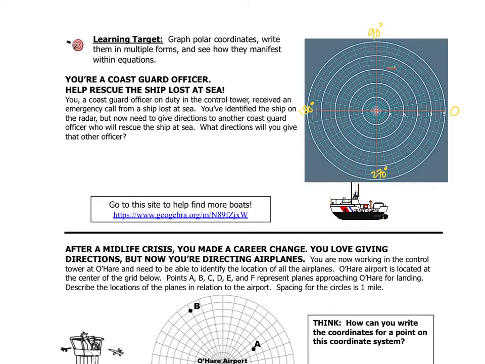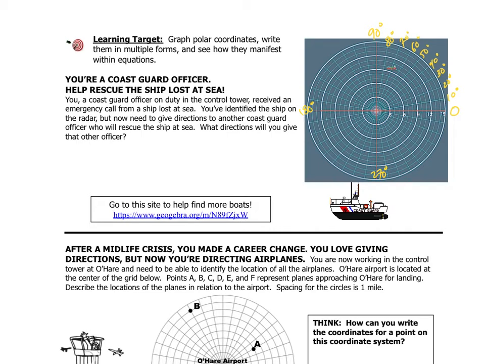For this particular ship, we're really just in the first quadrant on the rectangular plane, so we don't need the other ones, but I'll put them in for good measure. And then remember, each one of these lines or rays is 10 degrees. So I'm going to put those in, counting by tens.